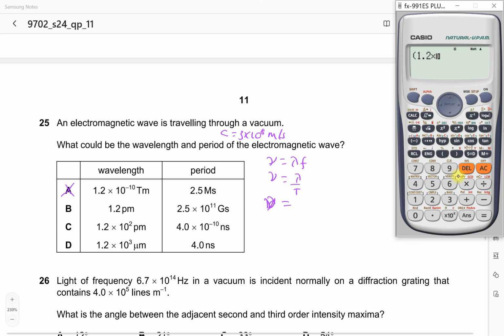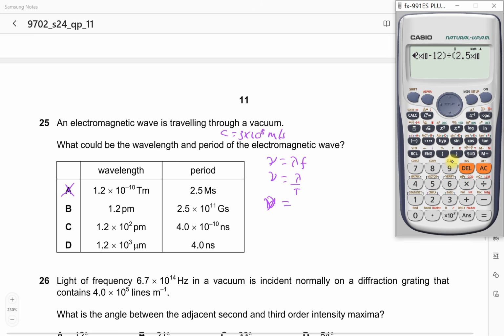1.2 exponent, pico is minus 12, divided by the period, which is 2.5 exponent. This is giga. Giga is power 9 because it is gigaseconds.